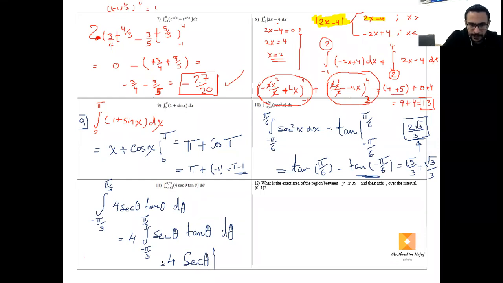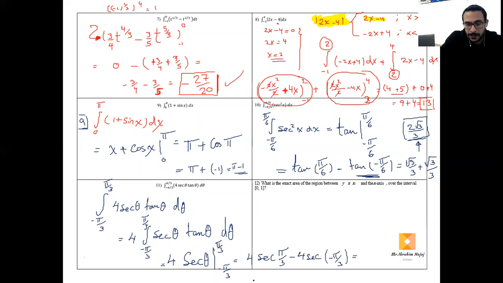So my answer is 4 sec tan, but you must substitute because this is a definite integral from negative pi over 3 to pi over 3. You can calculate it in the calculator quickly. You say 4 sec of the upper limit pi over 3, minus 4 sec of the lower limit negative pi over 3.